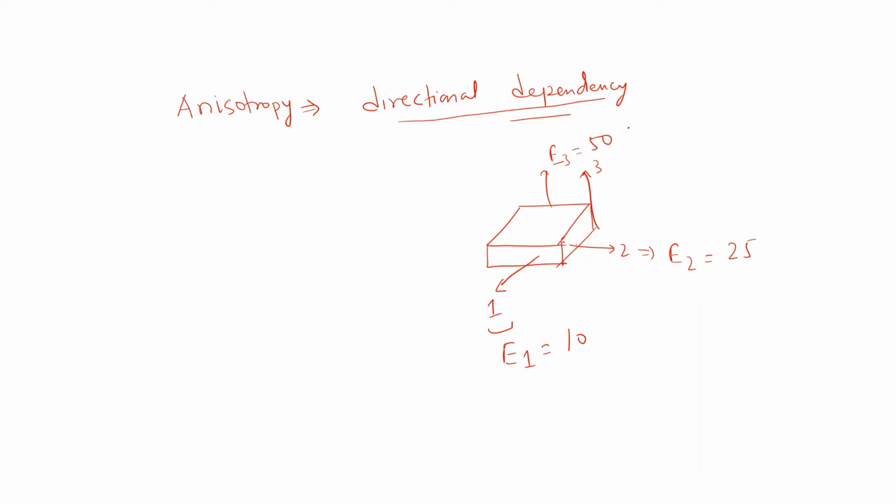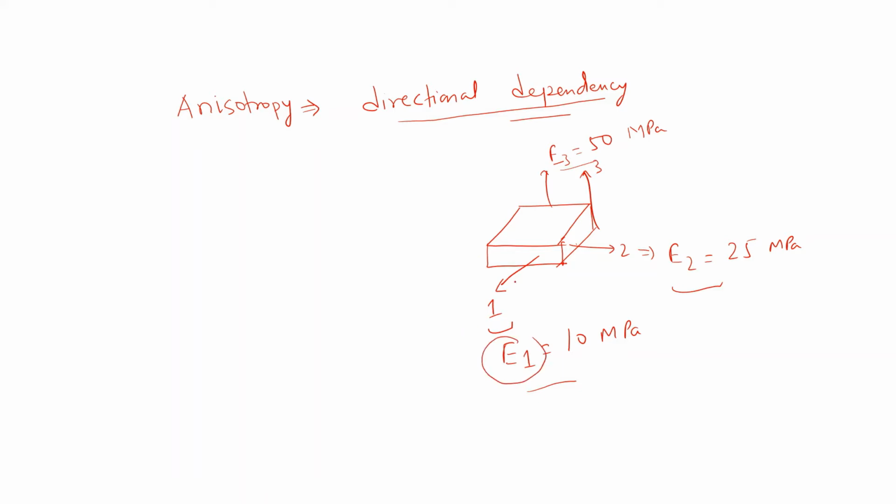Those are in MPa or GPa, whatever units we take with the numerical values. For example, I am making it to understand. In one direction E1 is 10 MPa, E2 is 25 MPa, and E3 is 50 MPa. So in this direction the modulus is changing.